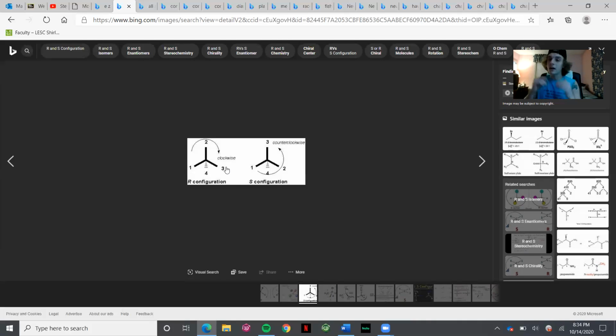And now you assign priority to those certain groups based on their atomic number, okay? So we know atomic number is the number of protons of the element on that atom. And we can determine that by the periodic table, but mostly those elements will always be carbon, hydrogen, oxygen, which we know is 8, I believe.